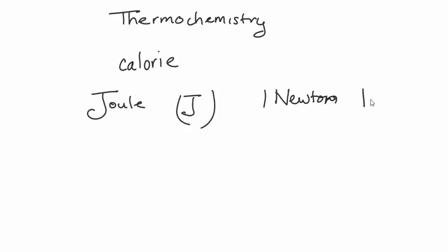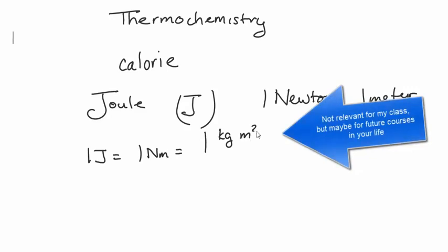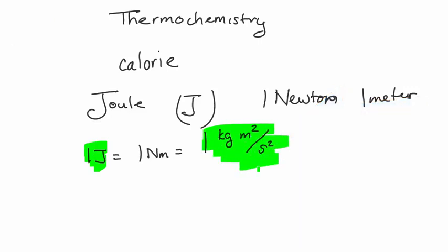So 1 joule is 1 Newton meter, which also happens to be 1 kilogram meter squared per second squared. One of the things you need to know is that 1 joule is a kilogram meter squared per second squared. That could come in handy later.